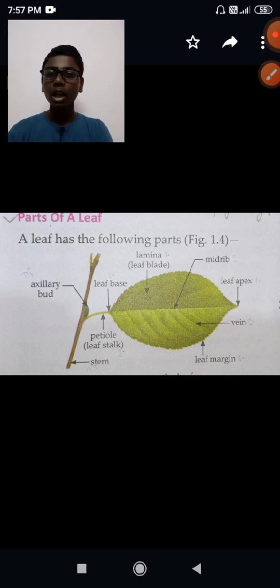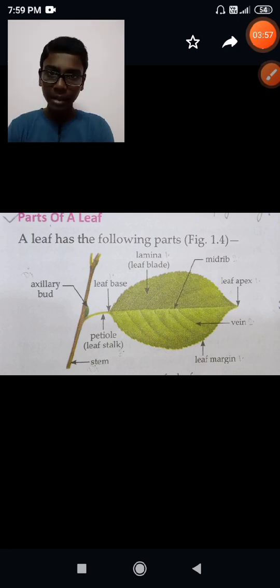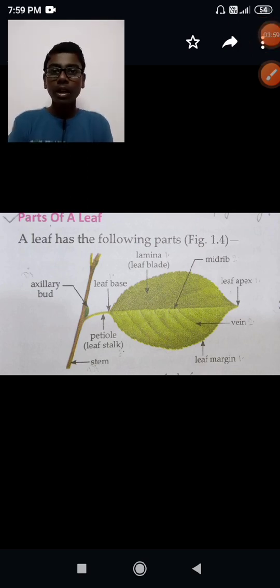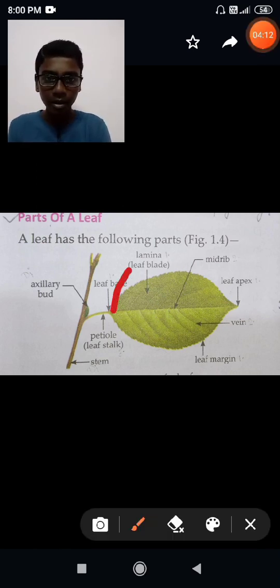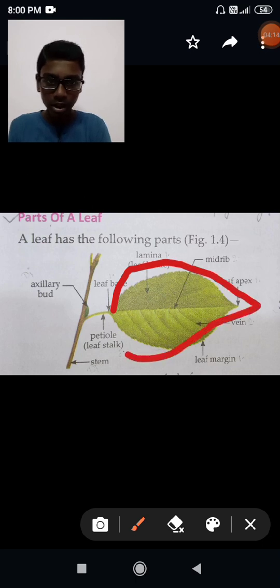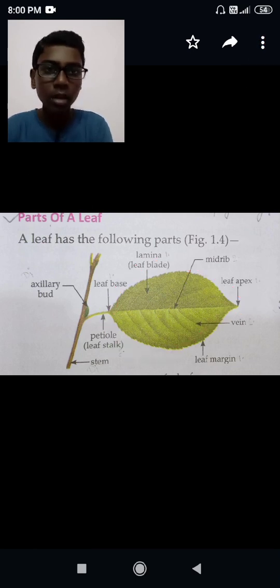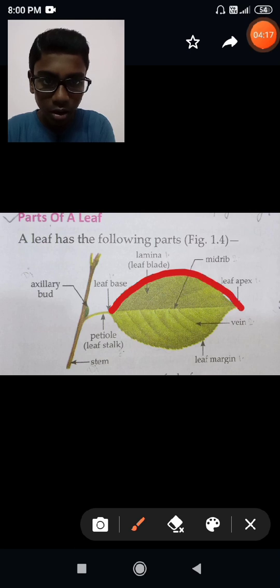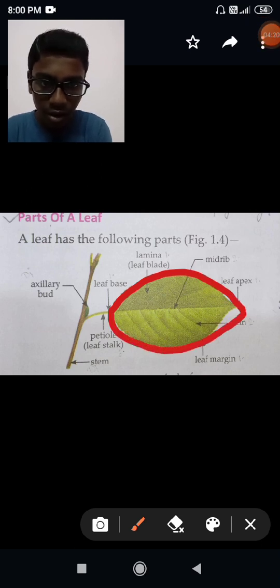Okay, now the next thing that comes is the lamina. So what is a lamina? Now in this picture you can find this to be the lamina. This is the leaf structure.